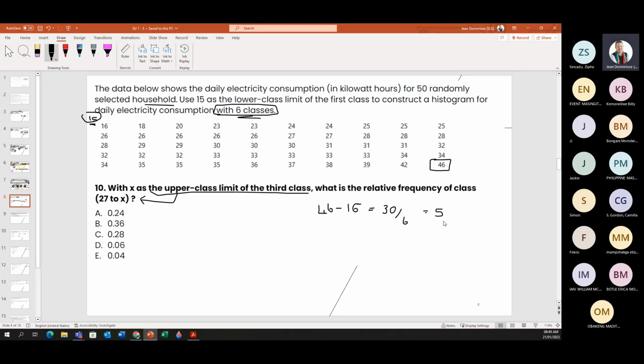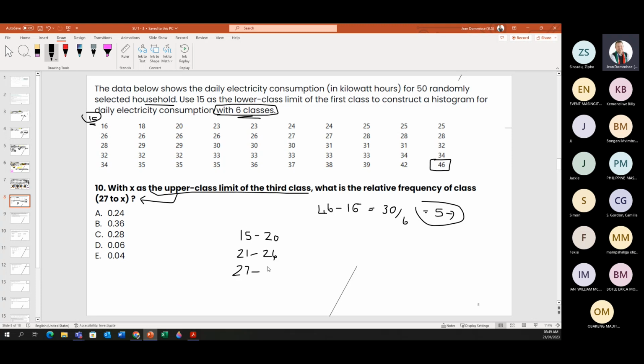That can't be 5, so it is a class width of 5. So you will start with 15 to 20. So that's 5. That's 5.